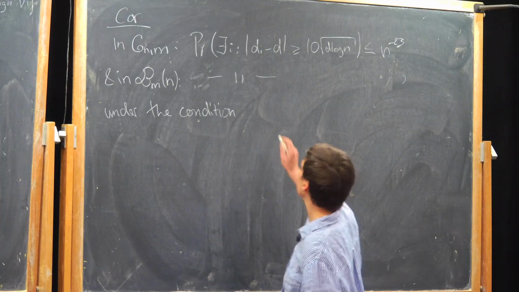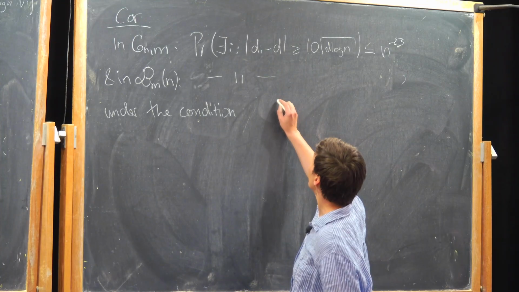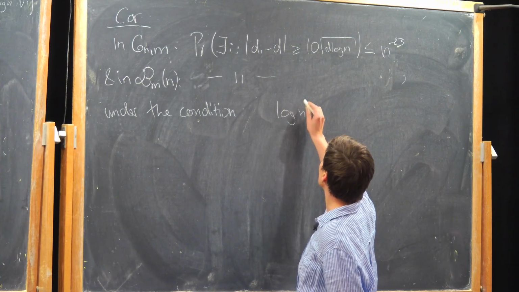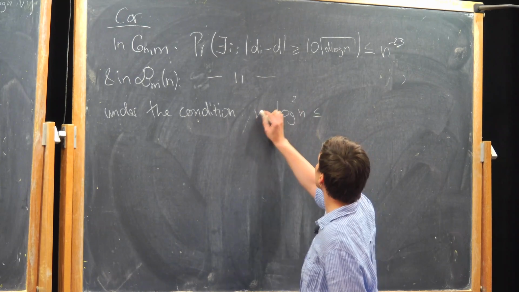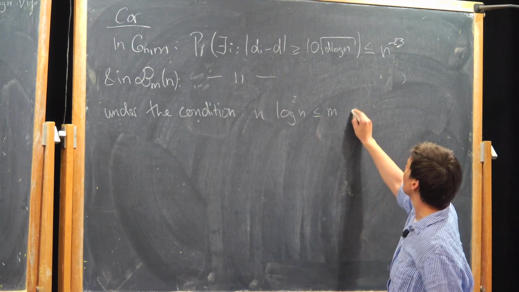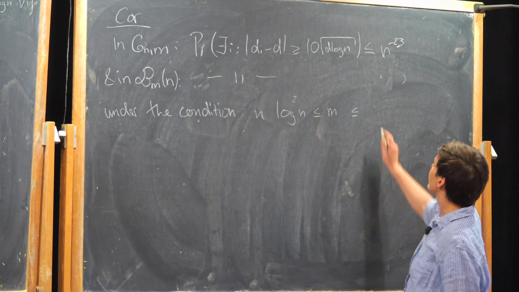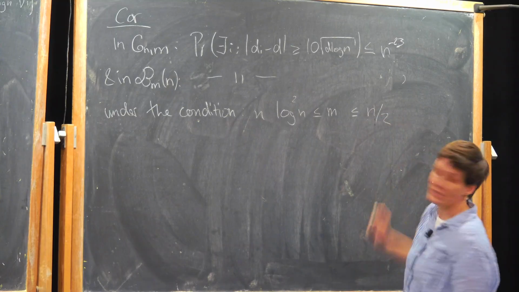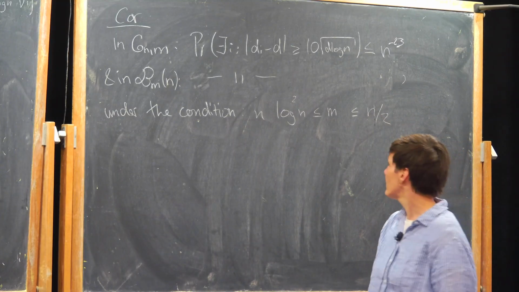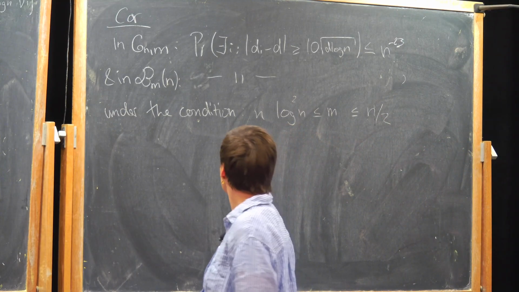My conditions are gone, but I think you need something like log n squared times n is at most m, and I think that's it. But let's just say n over 2 as an upper bound. So, yeah.